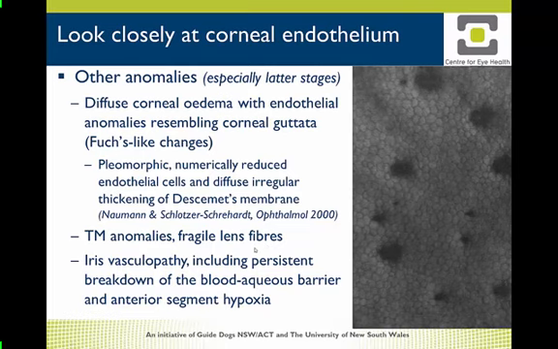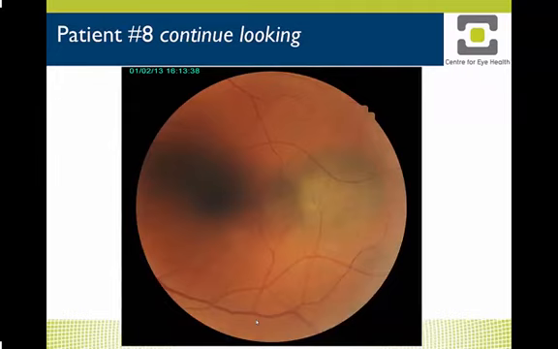So you manage this patient quite differently to the classical patient that has early cataracts. There have been reports of vascularization, vasculopathy, and breakdown of the blood aqueous barrier and anterior segment hypoxia in this condition. So there are a number of additional anomalies that are present in patients that have pseudoexfoliation material, in addition to the fragile lens fibers and glaucoma that can develop.